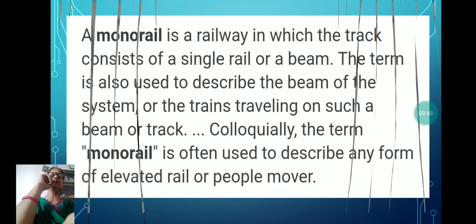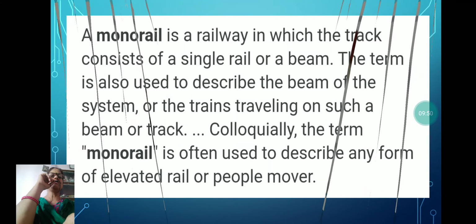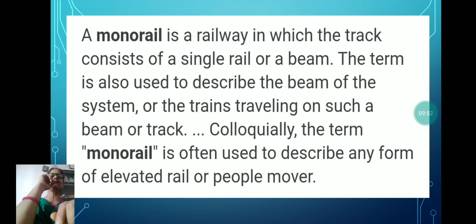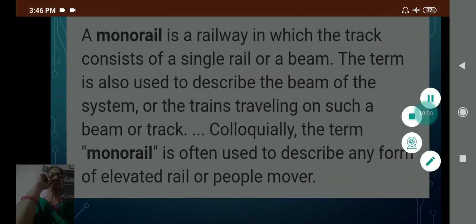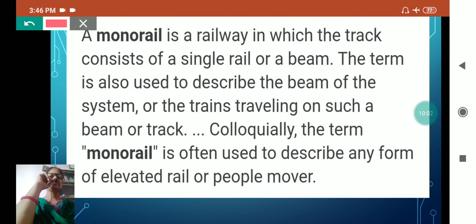Now I am showing you monorail. It is a railway in which the track consists of a single rail or a beam. The term is also used to describe the beam of the system or the trains travelling on such a beam or track. Colloquially, the term monorail is often used to describe any form of elevated rail or people mover.